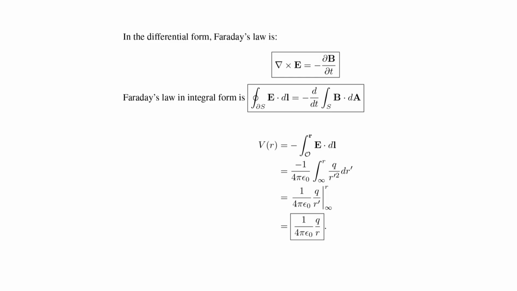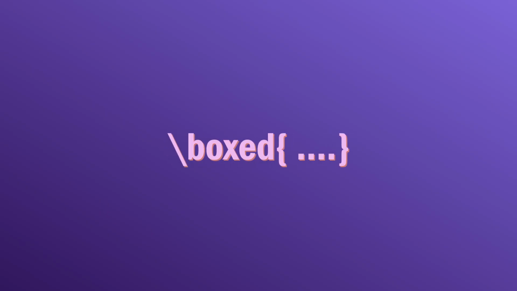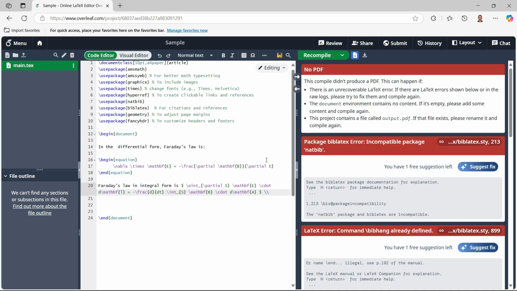Boxes are a great way to emphasize important results, highlight final answers, or draw attention to a key formula. LaTeX makes this easy using the \boxed command. As always, make sure to load the amsmath package in your preamble to use \boxed.